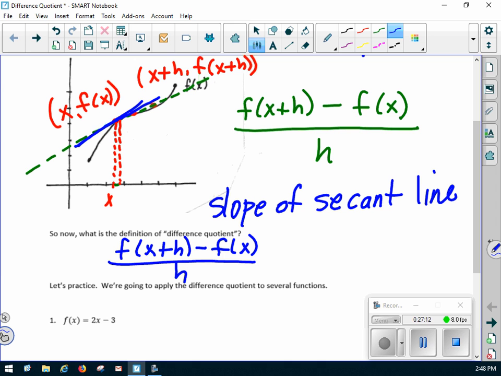And so what happens is this. Here's your x. What happens is that secant line then becomes a line that only touches that graph once. And that's called a tangent line. That is the foundation of calculus right there.